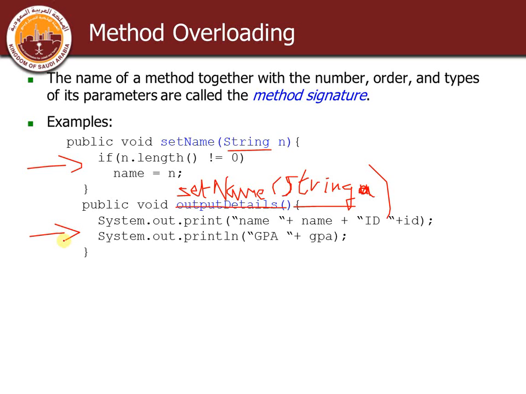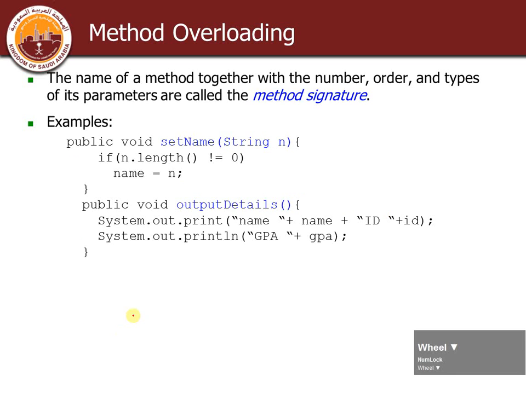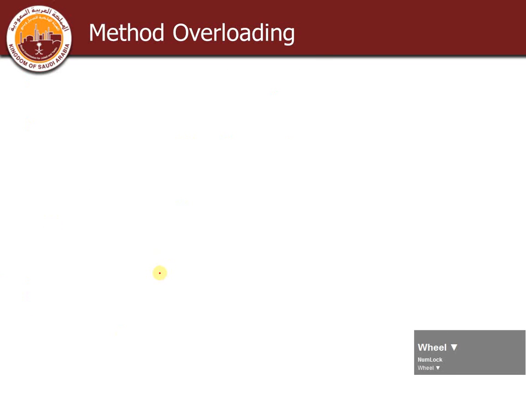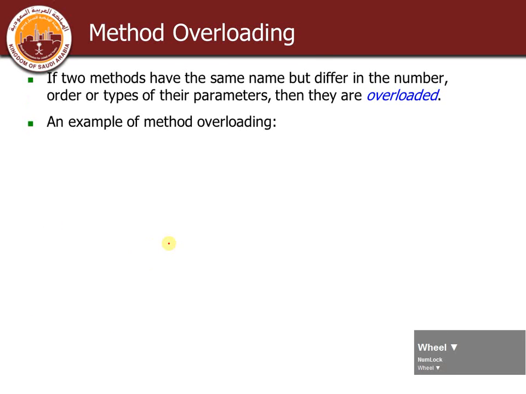How can we differentiate between those? By looking at the signature, which is how many parameters do I have, what are their data types, and what is their order? We can have the same data types, the same number, but different order. And we're going to see some examples right away.